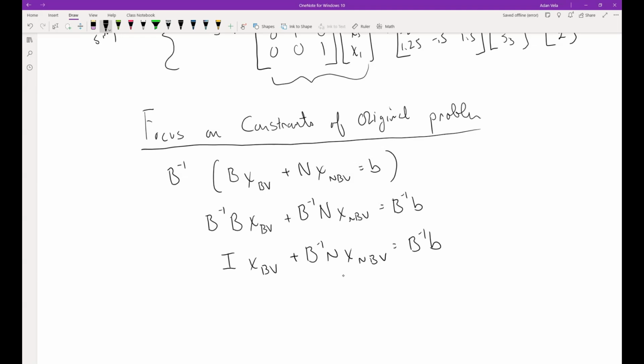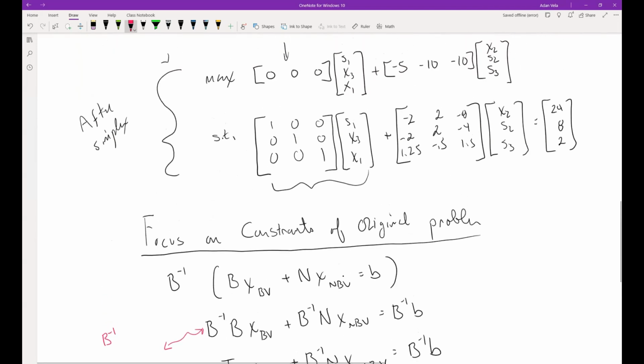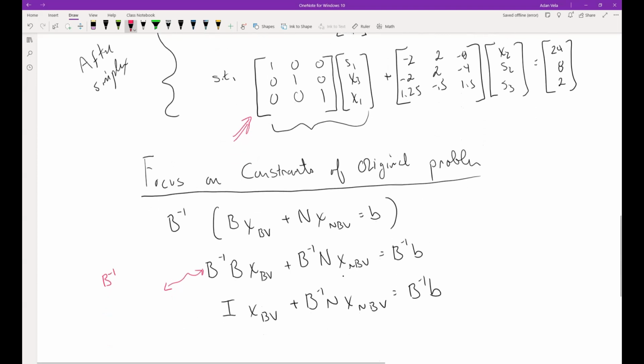Now, what does this B inverse represent? Well, B inverse just represents all the elementary row operations required to get your simplex tableau to be in that form where we have the 1, 0, 0 and 0, 1, 0 and 0, 0, 1, whatever, 1 for our basic variables.